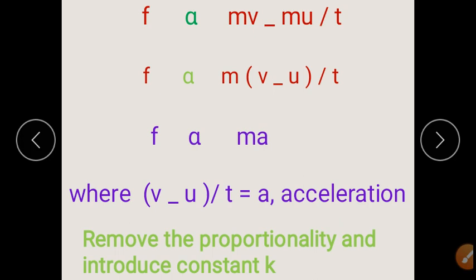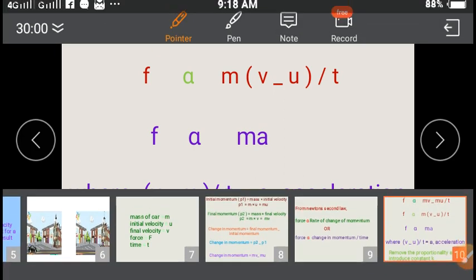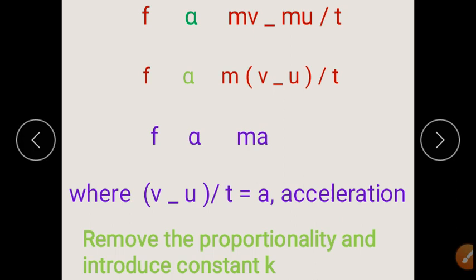So let us write the equation. Force is represented using F. F is proportional to change in momentum, which is mv minus mu, divided by time t.